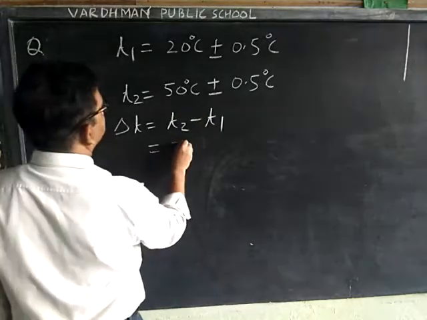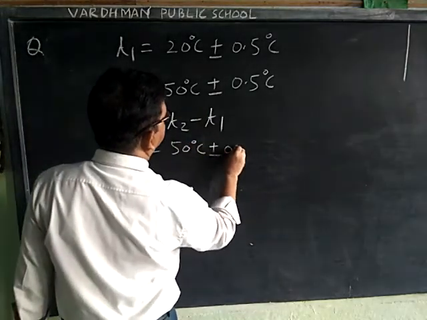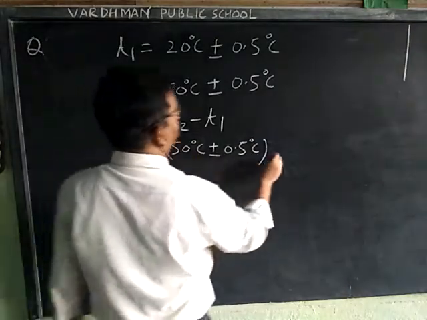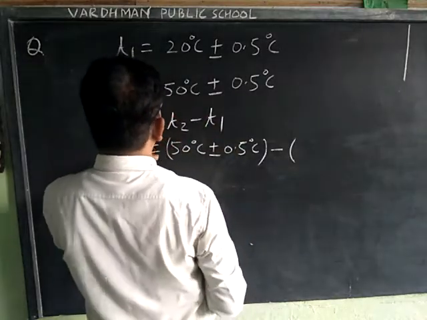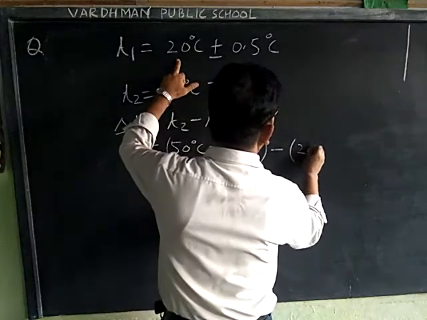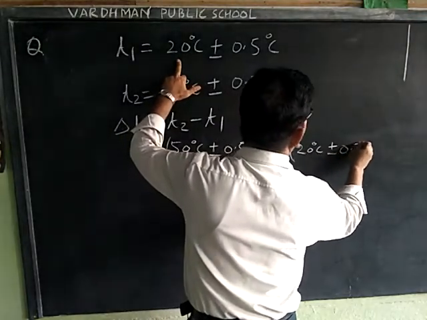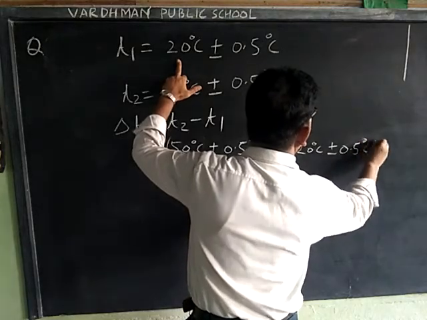What is the value of T2? That is 50 degree centigrade plus minus 0.5 degree centigrade, minus T1, 20 degree centigrade plus minus 0.5 degree centigrade.